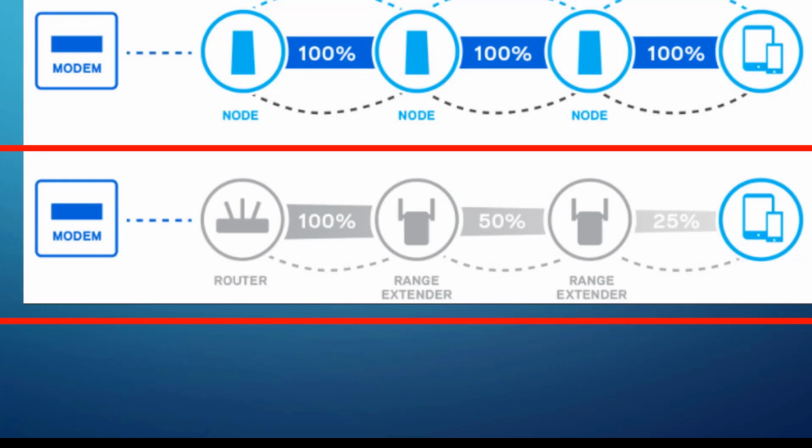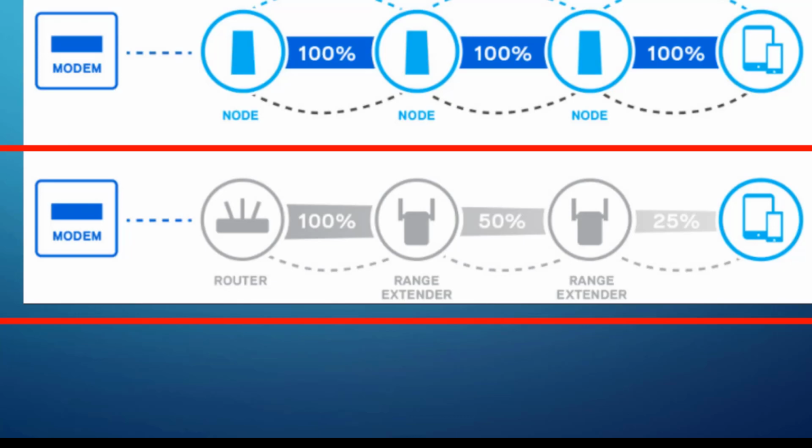The reason for that is the law of physics: the signal has to come to one device, then to the other device, and then it's rebroadcast again to the next device. So you're going to find that the signal will get reduced. So you do not want to use Wi-Fi extenders in combination, or things are going to get very slow.